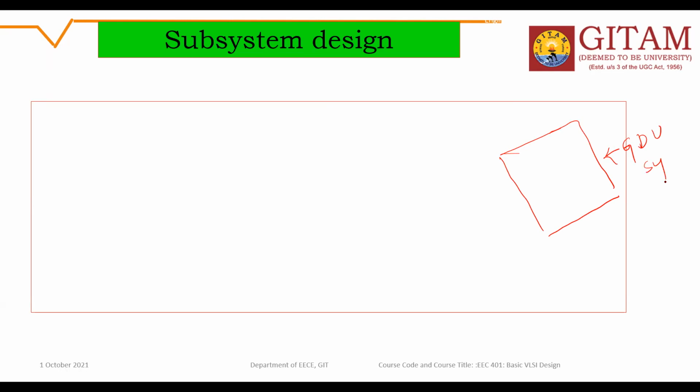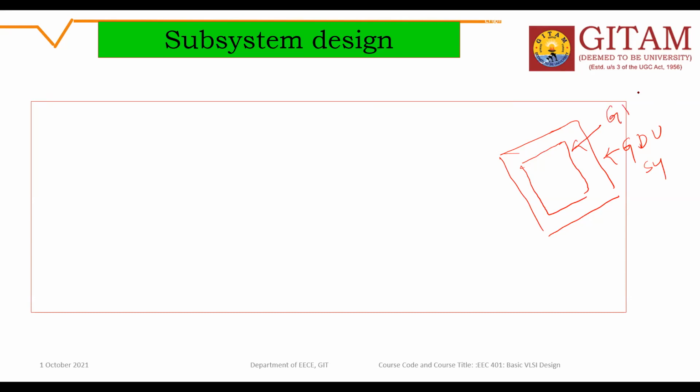In this Geetham deemed to be university, we have different constituent colleges: engineering college, medical college, pharmacy college, science college, management college, law college. These are the different institutions. So I can say this is our GIT.